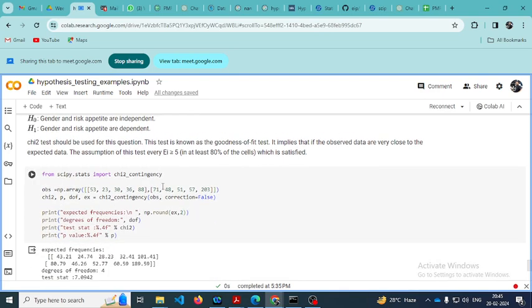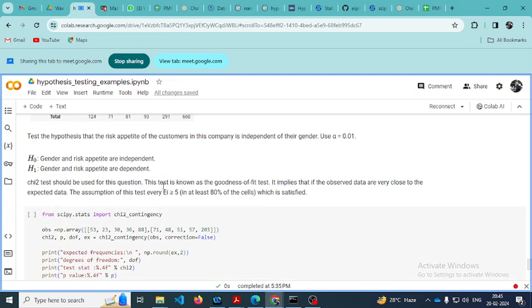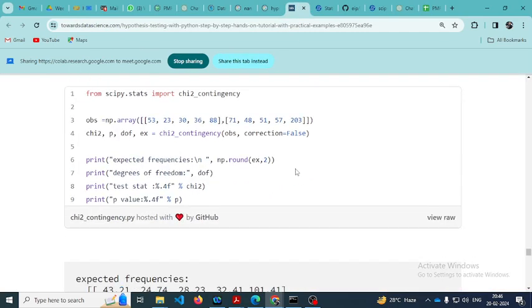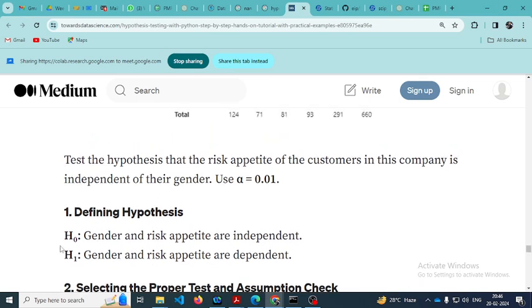So what you can do is consider the hypotheses. The null hypothesis is that gender and risk appetite are independent, so there is no relation between these two things, gender and risk appetite.